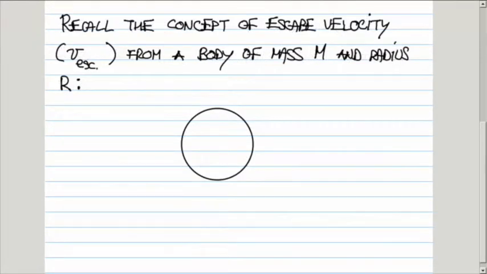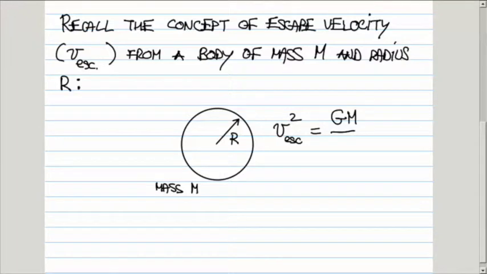Okay, so if I have this object of mass m and radius r, it turns out that the escape speed squared is given as a product between the gravitational constant, the mass of the body, over its radius.